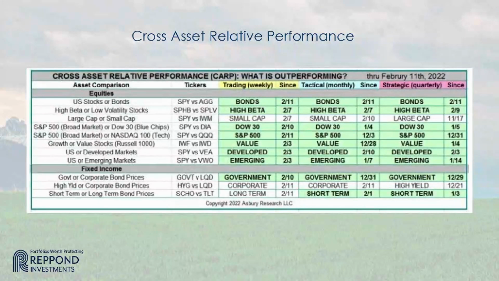High yield or corporate, that's mixed. In the first two categories, corporate is doing better than high yield, and in the last category, high yield is doing better. And then which one is doing better, short or long-term bonds? In the last two categories, where there is a stronger emphasis, short-term is doing better.